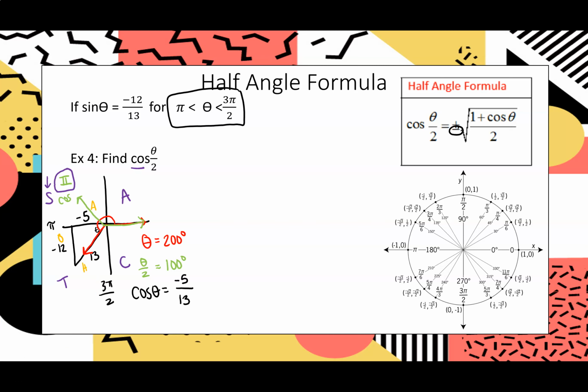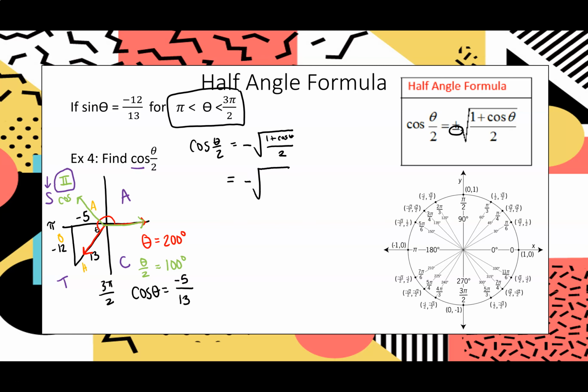So cosine of theta over 2 is going to be equal to the negative of the square root of 1 plus cosine theta over 2. And let's just go ahead and work this down a little bit. We know we're going to have that negative square root.